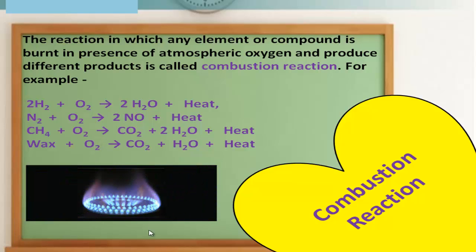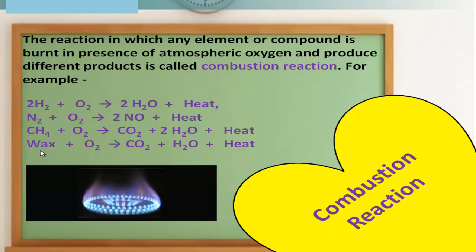Follow this picture here. Natural gas is burning. You have seen this, we can see this in almost all of our homes. So this is actually combustion of natural gas, that is mainly methane.